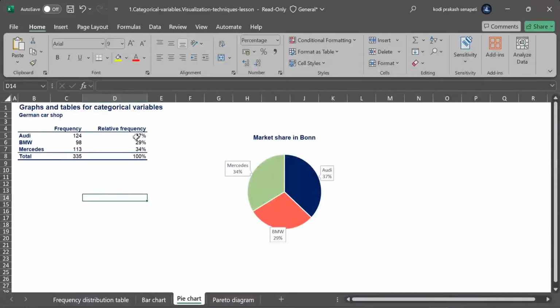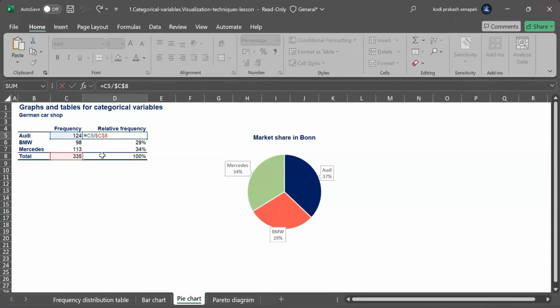Refer to this now. 124 by 335, can we get 37 percent or not? Can we get 37 percent, guys? 124 by 335. In Excel, C5 by C8. You know the Excel sheet or not?